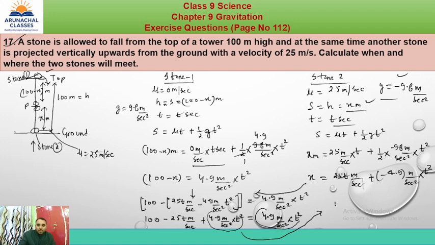It will be now 100 minus 25t equal to 0. So 100 equals 25t. Now t will be equal to 100 upon 25, which is 4. So finally we get t as 4 second, which means both the stones will meet together at position P after 4 seconds.